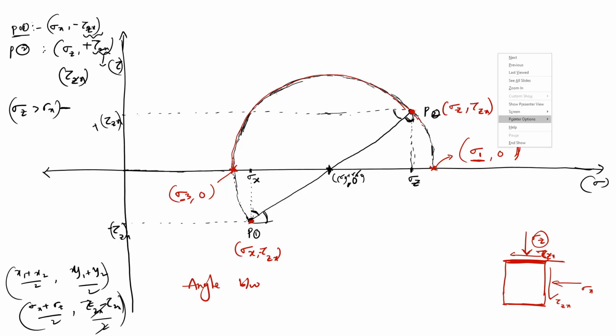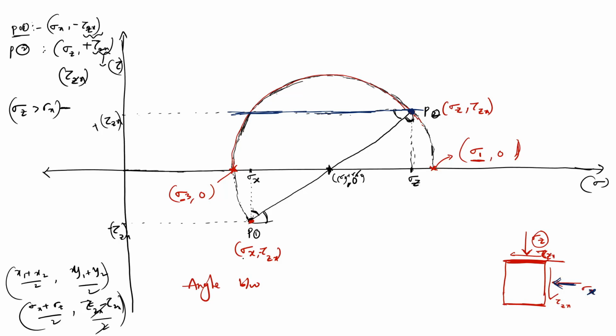So draw a horizontal line through the sigma z point. And where is sigma x? Sigma x is acting on the vertical plane.